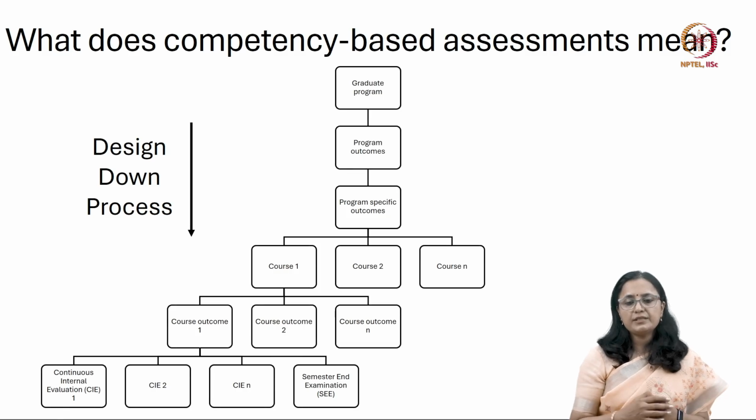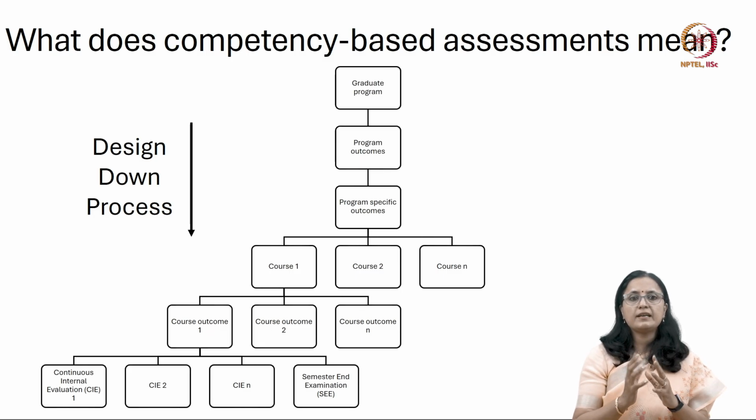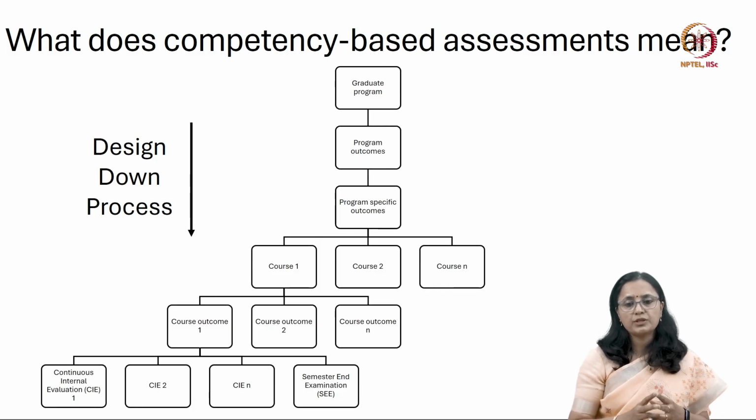And these happen continuously, and can be conducted through, say, quizzes, some sort of assignments. Sometimes projects are given. You can also choose to give case studies. In fact, lab work also comes under CIE. And each CIE is actually assessing a set of course outcomes.